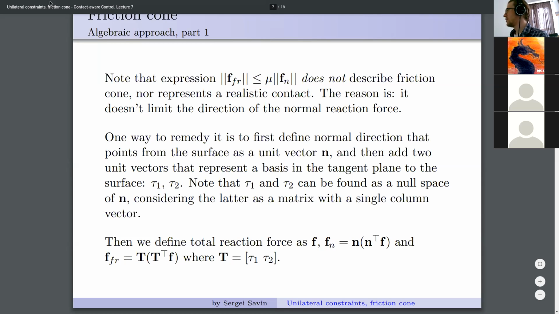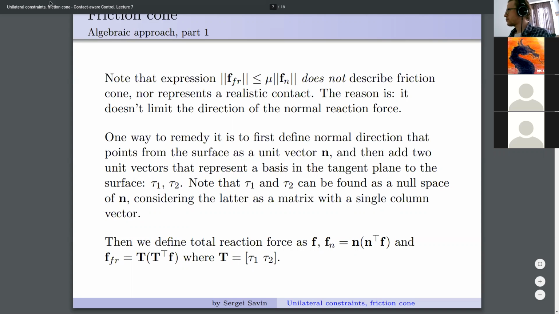It doesn't force the reaction force to be positive, so to push us instead of pulling us. Normal reaction force cannot pull us in a unilateral contact. And by the way, what we talk about here is all called unilateral contacts. So contacts that can prevent you from penetrating the surface, but don't prevent you from leaving the surface.